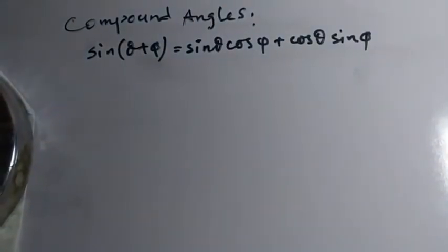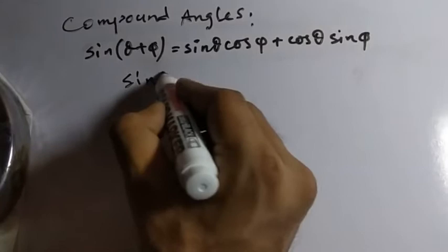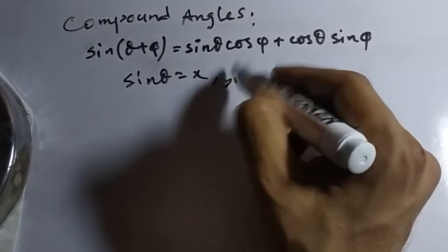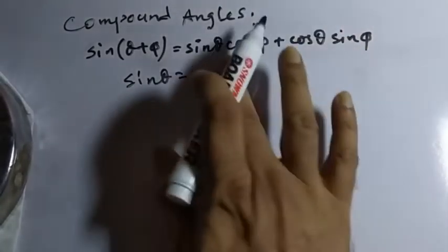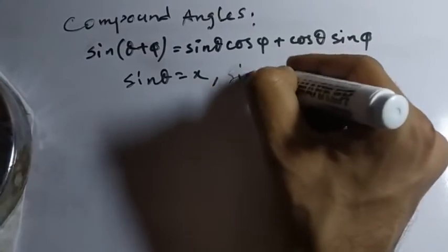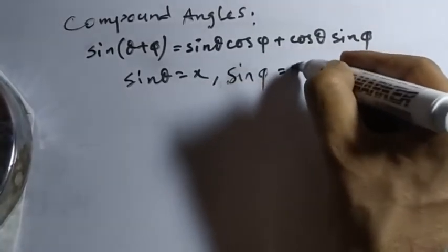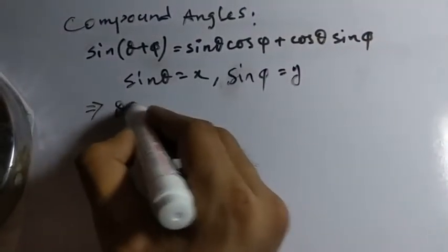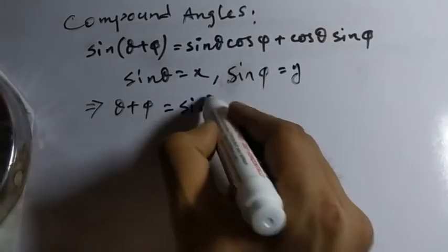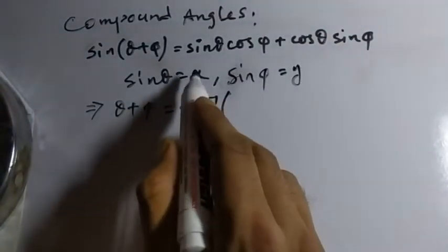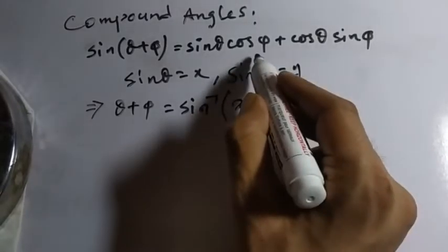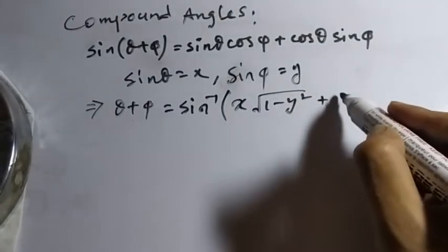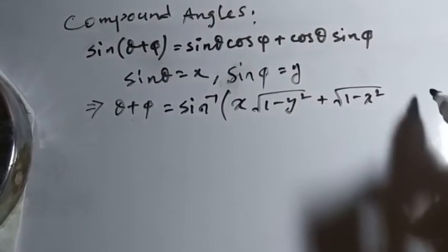Now here, if we take sin theta as x and sin phi as y and put them in the formula, then we get theta plus phi equal to sine inverse of the whole thing. For sin theta it will be x, for cos phi it will be root over of 1 minus y square, for cos theta it is root over of 1 minus x square, and for sin phi it is y.